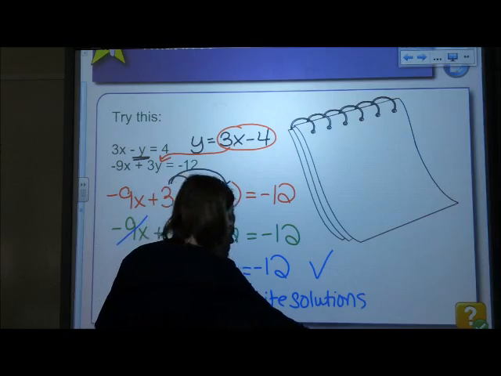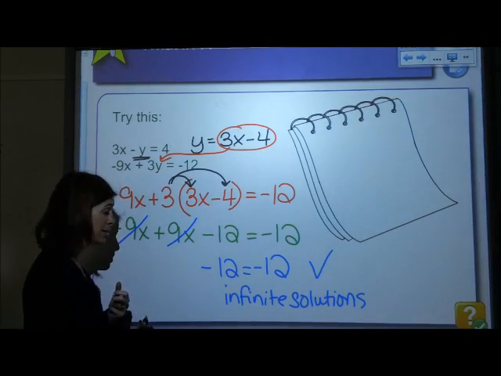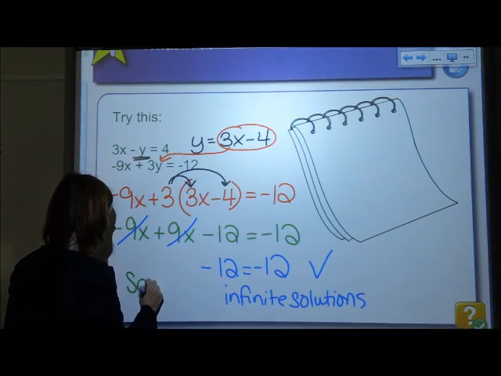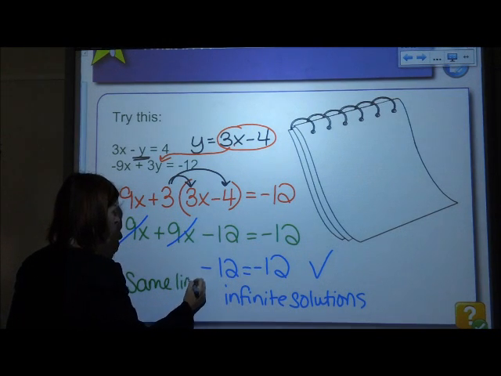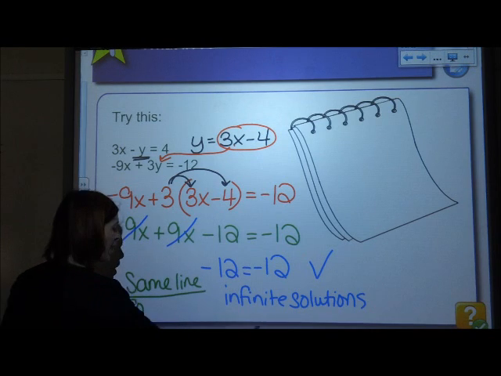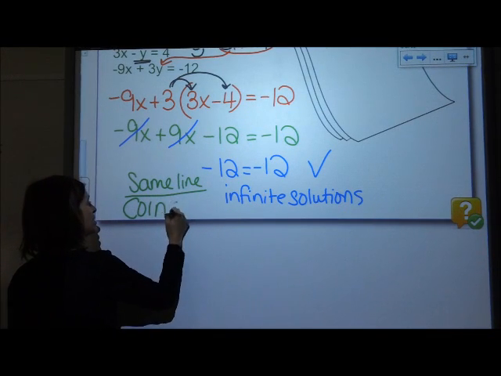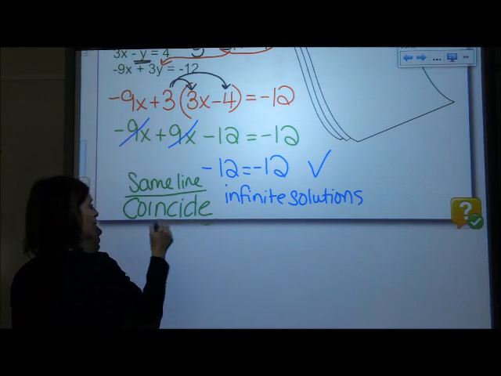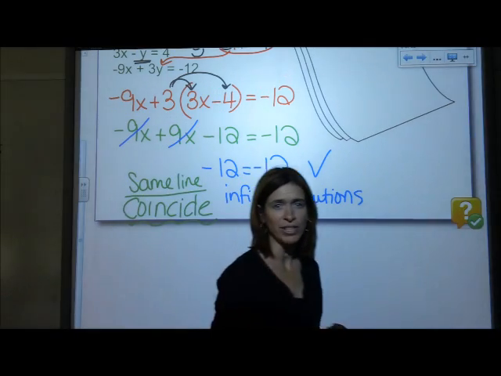And what did we say infinite solutions told me about the lines? It means it's the same line. What we like to say is that the lines coincide. Coincide. Okay? And that really means they're right on top of each other.